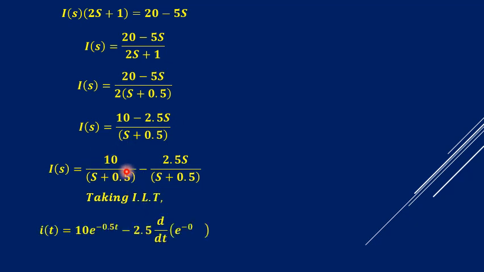So this is of the form 10 by s plus a, so e power minus at, where a is 0.5. And here this is of the form s by s plus a. The inverse Laplace of s by s plus a will be d by dt of e power minus at. That is, you have to differentiate this again.